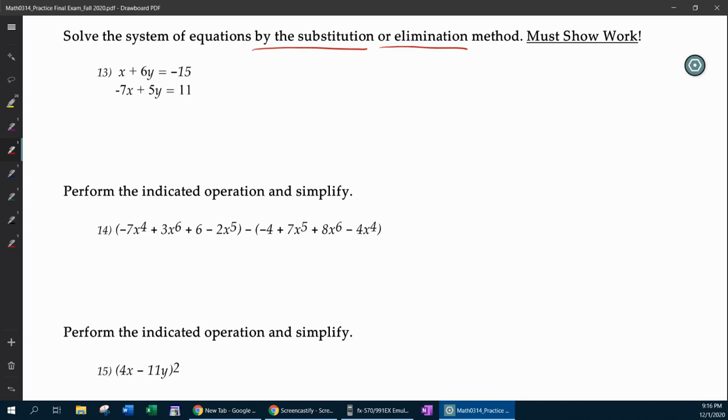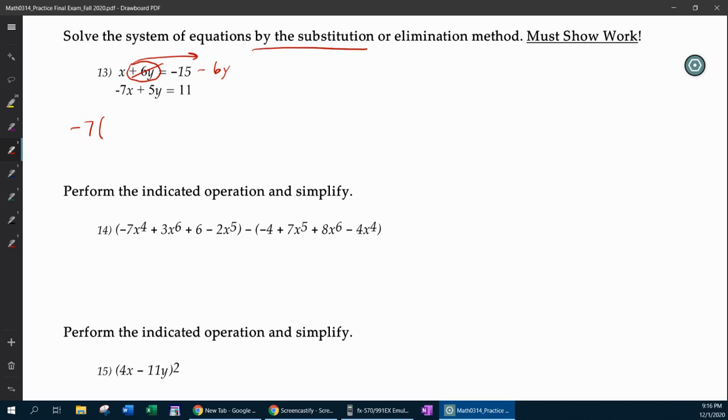Well, you know what I think I'm going to do? I think I'm going to use substitution because it's going to be super easy to get this x in the first equation by itself. So we're going to bring the 6y over, which makes it a -6y. And now I can substitute for x in the second equation what it's equal to.